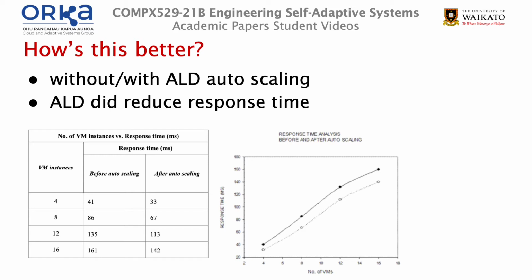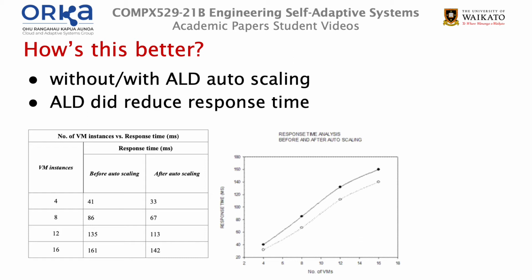How is this better? So we're comparing with or without ALD auto-scaling here, and ALD did reduce the response time. So it's given us a bunch of VM instances that were deployed, response times before auto-scaling, and then after auto-scaling.